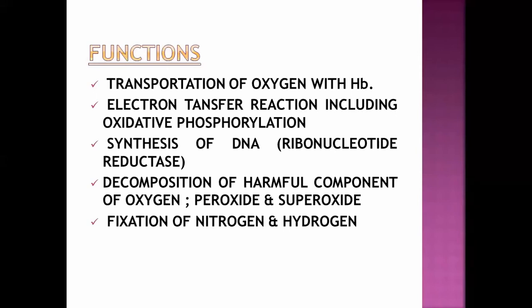Oxidative phosphorylation is a metabolic pathway in which electrons transfer from one end to the other end. It occurs in the respiratory chain reaction. Iron is a basic component for electron transfer reactions, including oxidative phosphorylation.